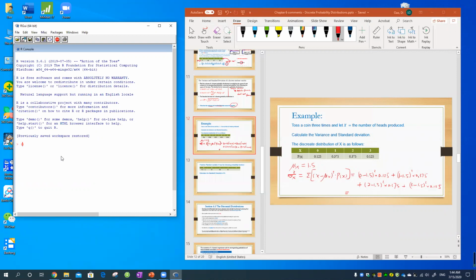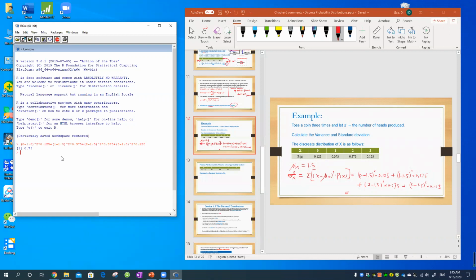We have 0 minus 1.5 squared times 0.125, plus 1 minus 1.5 squared times 0.375, plus 2 minus 1.5 squared times 0.375, plus 3 minus 1.5 squared times 0.125.